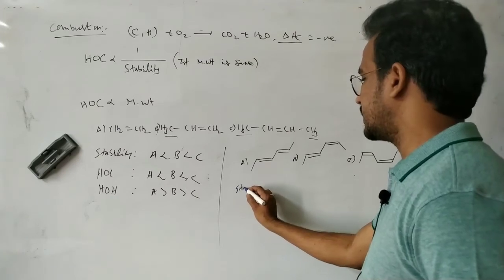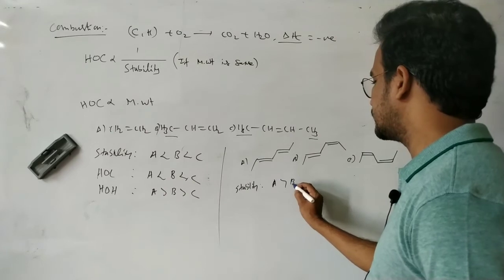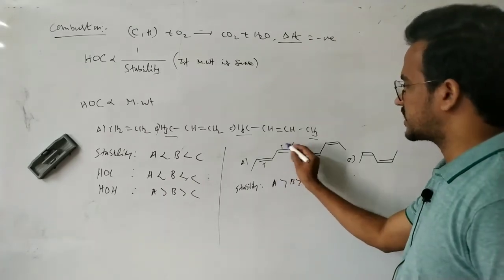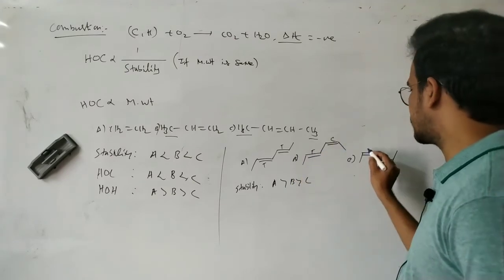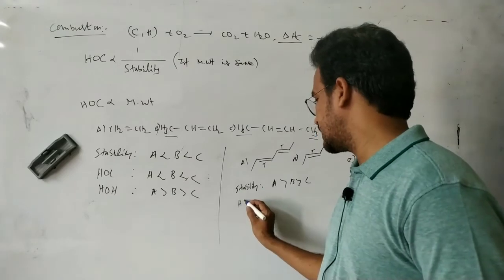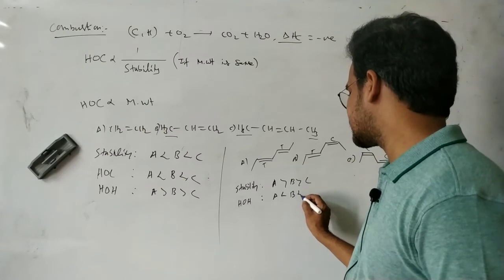Now here, let us write the stability. A is most stable and C is least stable, because of trans double bond, then cis double bond, then cis double bond. That is the stability. Now here, heat of hydrogenation: A less than B less than C.